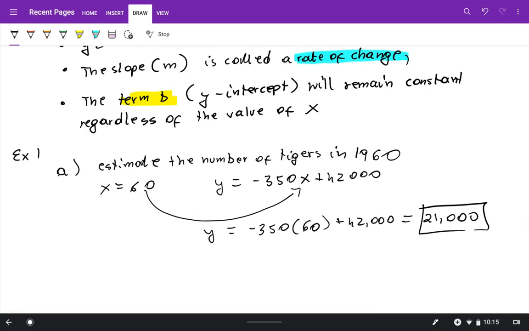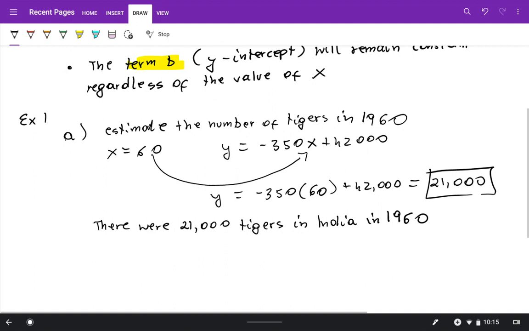So there were 21,000 tigers in India in 1960. About, so we are approximating. Okay, so that was part A.